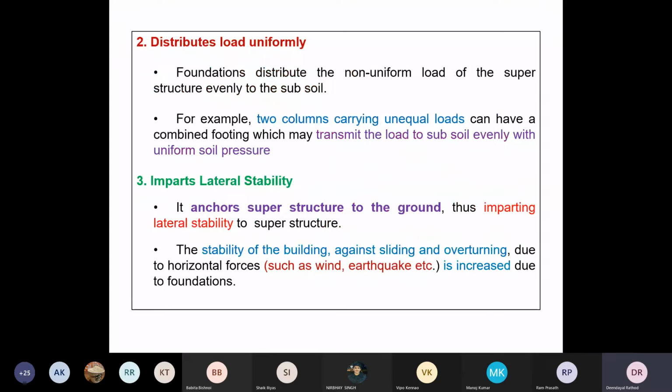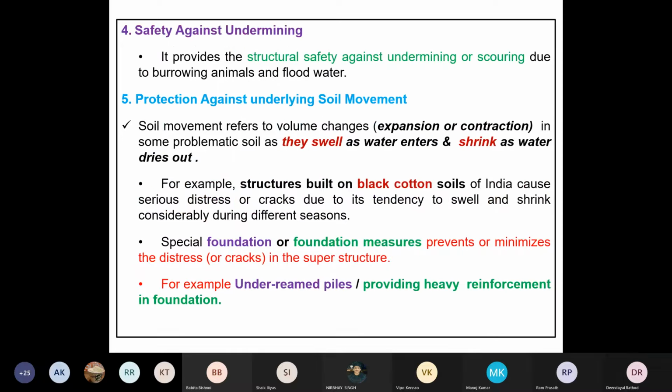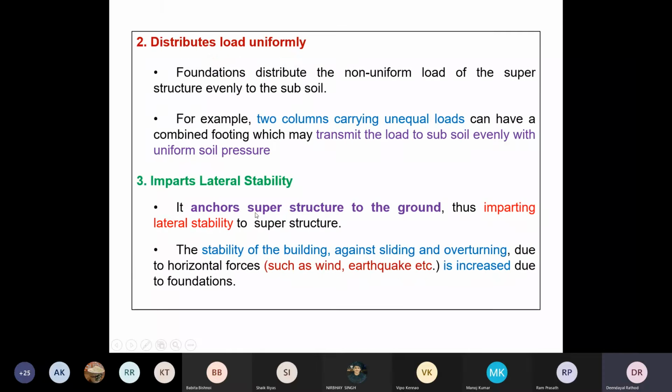Then foundation distributes the non-uniform load of the structure evenly to the subsoil. For example, two columns carrying unequal load can have a combined footing. That means both the footings can be combined if they are carrying unequal load. And for lateral stability, it anchors the superstructure.